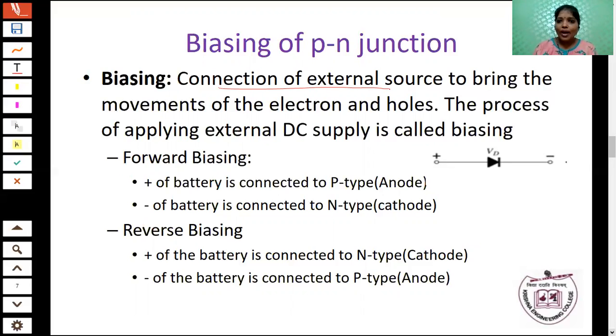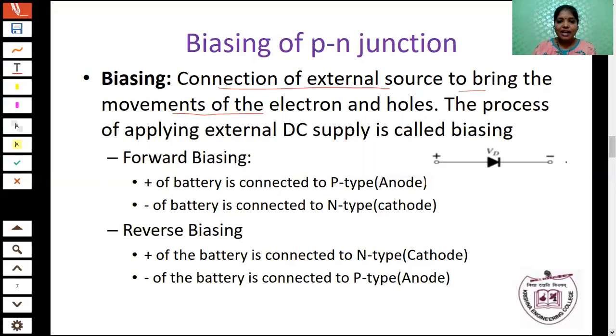Why are we applying the energy? To bring about the movement of holes and electrons in the PN junction diode. So the process of applying some external energy to the PN junction diode is called biasing. In any device, if you are applying some external source, that is called biasing.